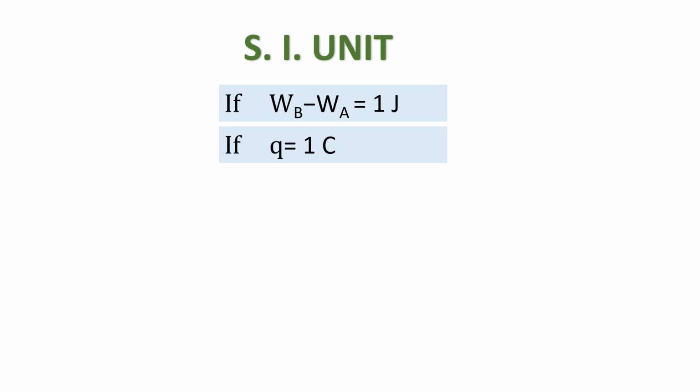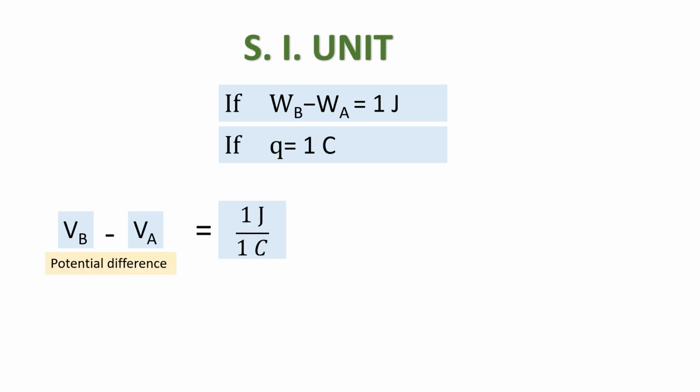Now let's come to the SI unit. If WB minus WA is 1 joule, of course they are the work done, so their units will be in joules. So if this work is 1 joule for a charge of 1 coulomb, what will be the potential difference VB minus VA? That will be equal to 1 joule per 1 coulomb. You can write it as 1 J C to the power minus 1.